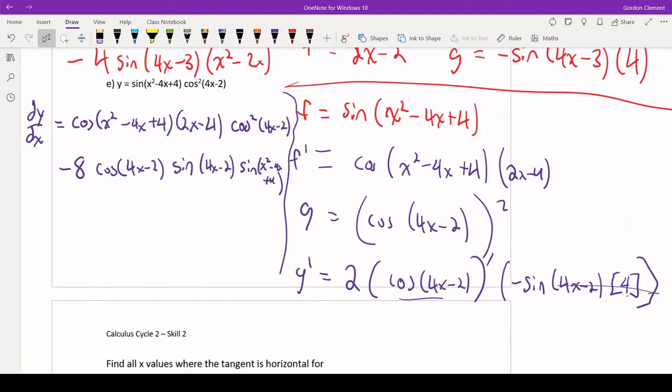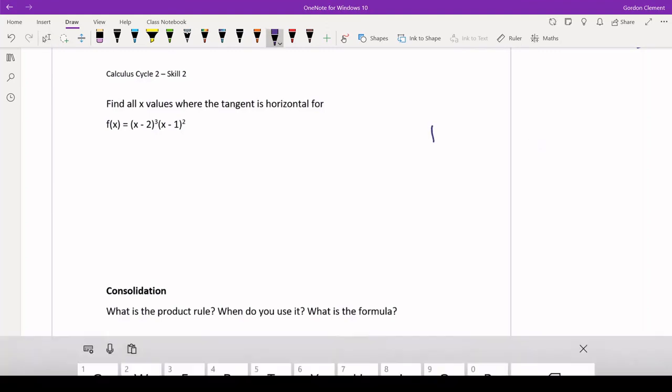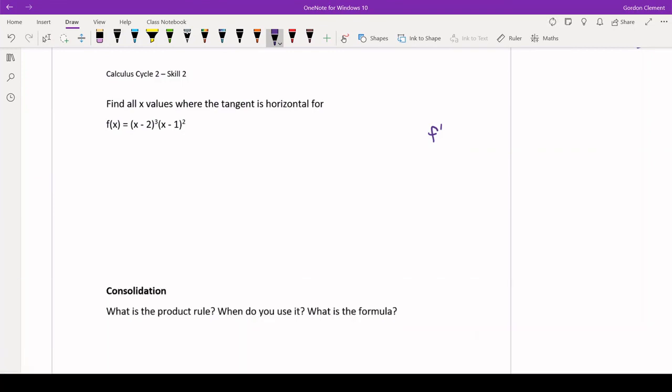Leave it on screen in case you want a second to pause and look at it. And then this last example: find all values of x where the tangent is horizontal. So f is a product rule. So we're going to have x minus 2 to the power of 3.